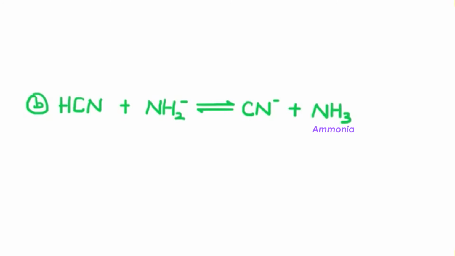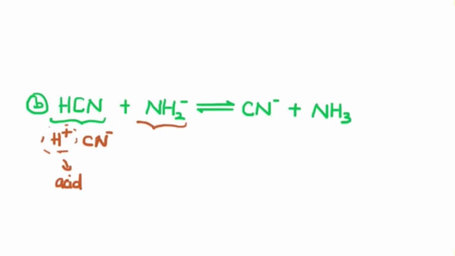So on the left side, if you split this, we get H plus and CN minus. In solution, this H plus presence tells us that this is the acid, and then this other one right here is known to be a base by default.